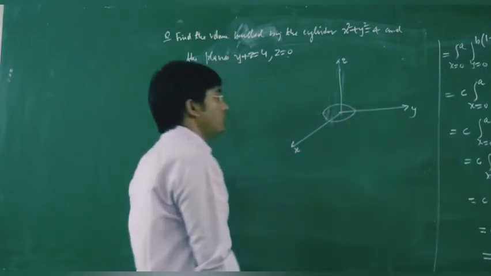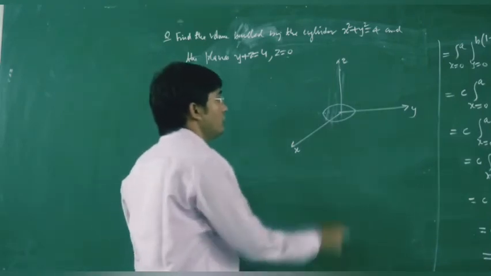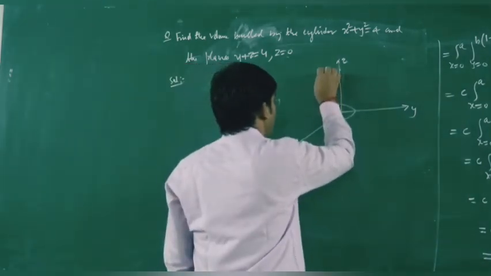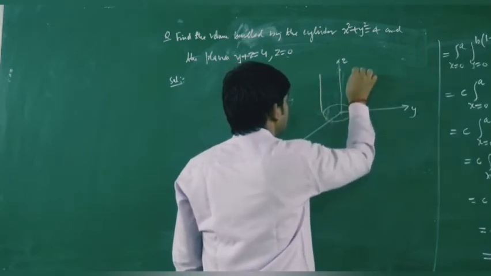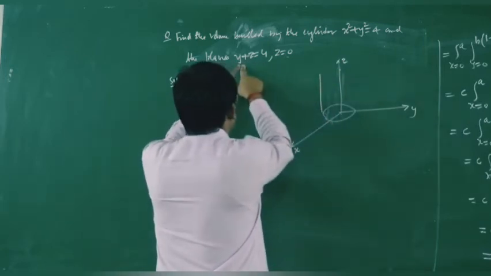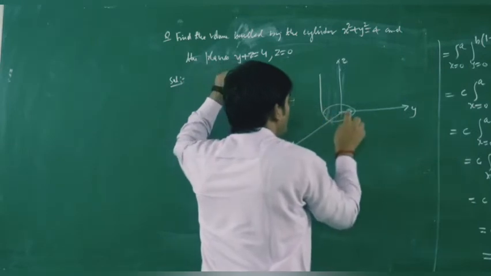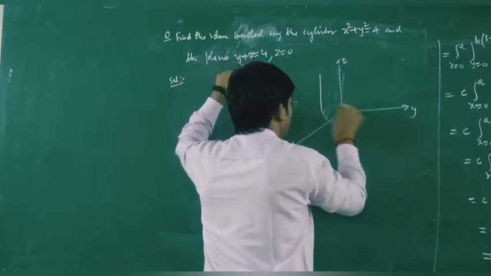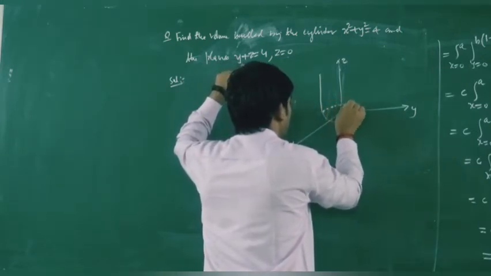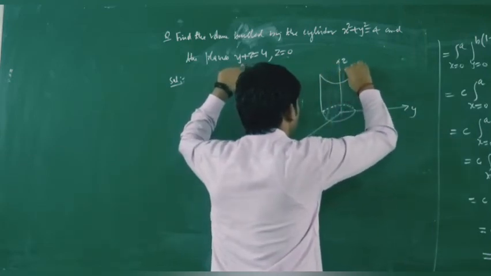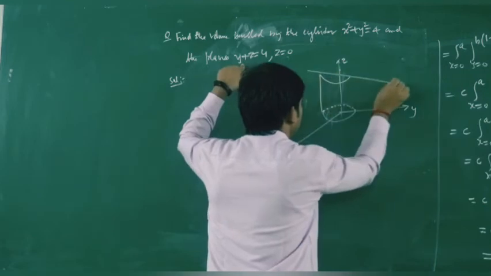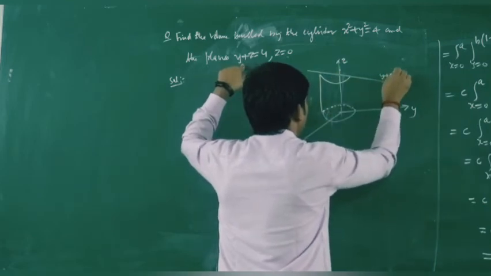So this is the circle with the radius 2, then now this is bounded by the plane y plus z equal to 4, so this will be your plane, y plus z equal to 4.